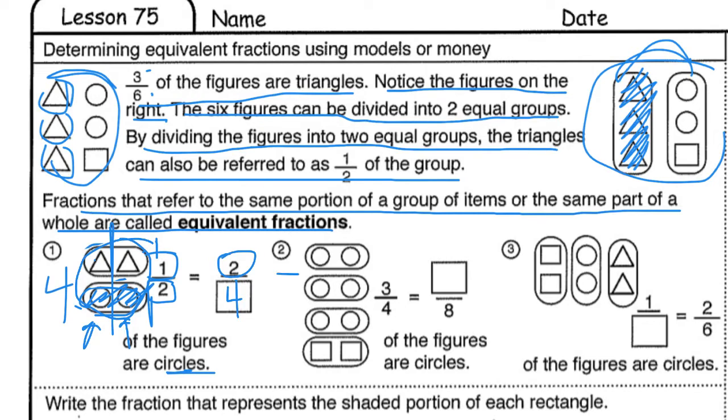All right, let's look at number 2 together here so you can understand this. We have 4 groups, 1, 2, 3, 4. 3 of those groups, this one, this one, and this one, have circles. The 4th group does not have circles, it has squares.